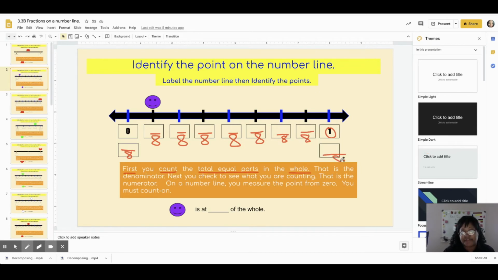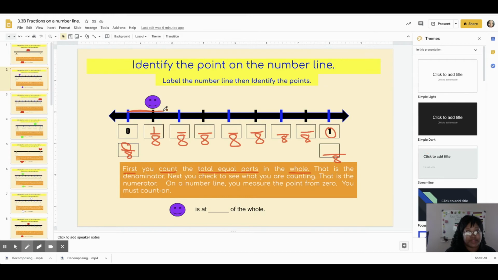So now, after I get my denominator, I'm going to start at 0. And you always measure the equal parts from 0. On a number line, we measure the distance from 0. So this is 1 equal part. So this would be 1/8. And don't forget 0/8. So 0/8, 1/8.